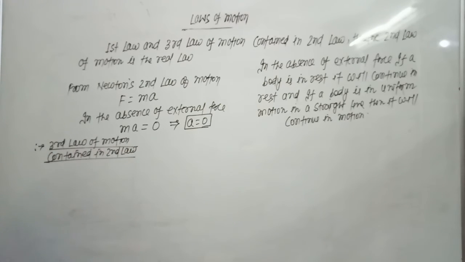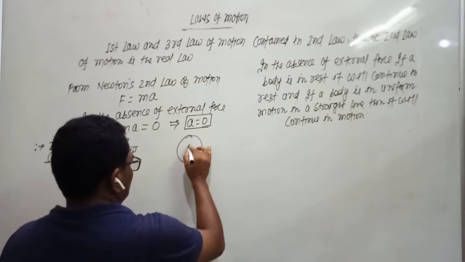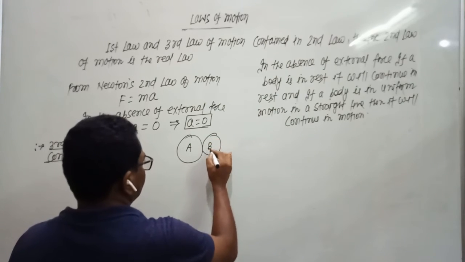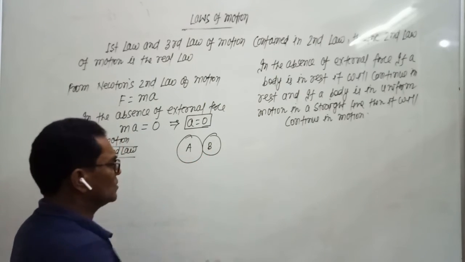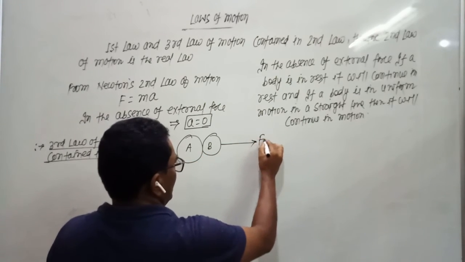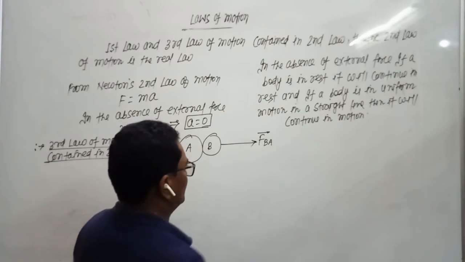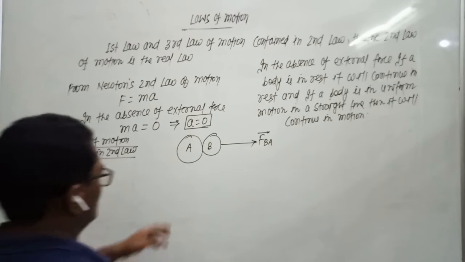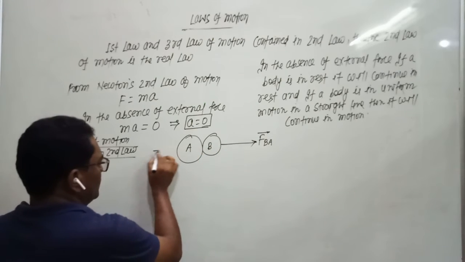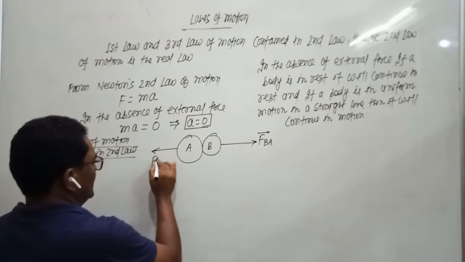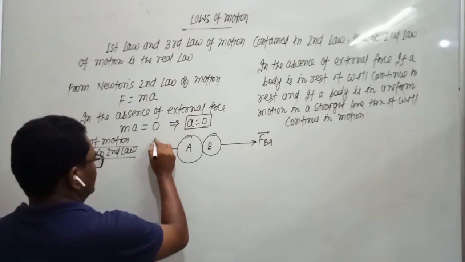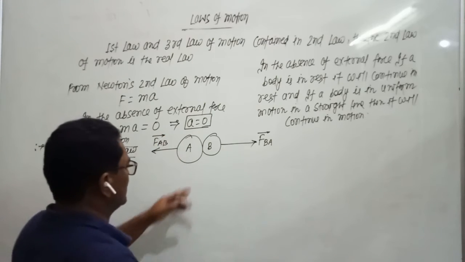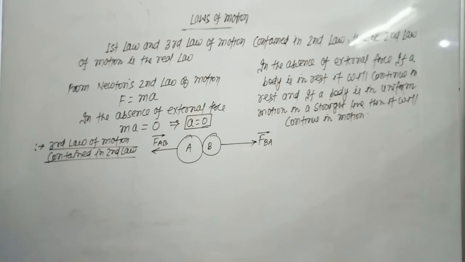Suppose there are two bodies, body A and body B. Body A will exert a force on B, given by F BA vector, which means the force acting on body B due to body A. And B will exert a force on A, given by F AB vector, which means the force acting on body A due to body B.